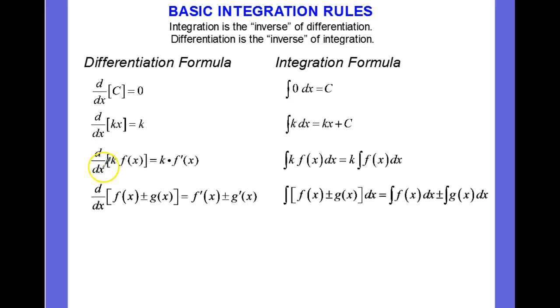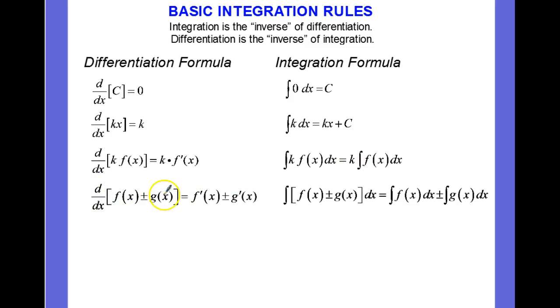The derivative of a constant times a function is the constant times the derivative of the function. So the integral of a constant times a function is equal to the constant times the integral of the function. So we can pull the constant out if we're differentiating. We can also pull the constant out front if we're integrating.